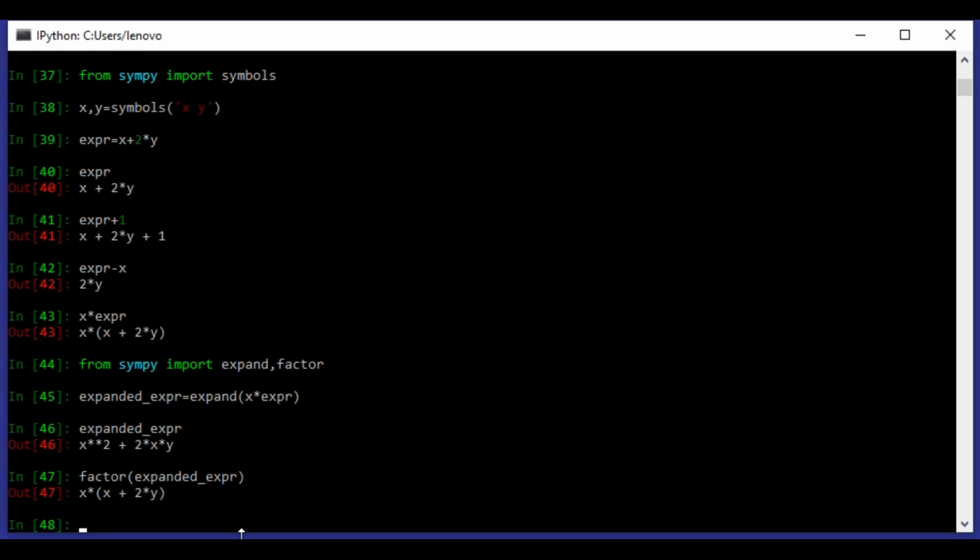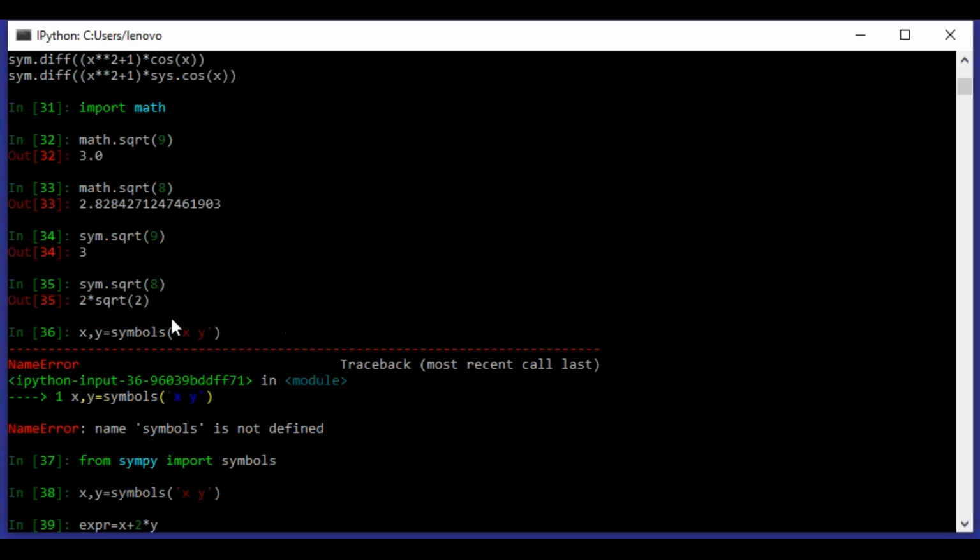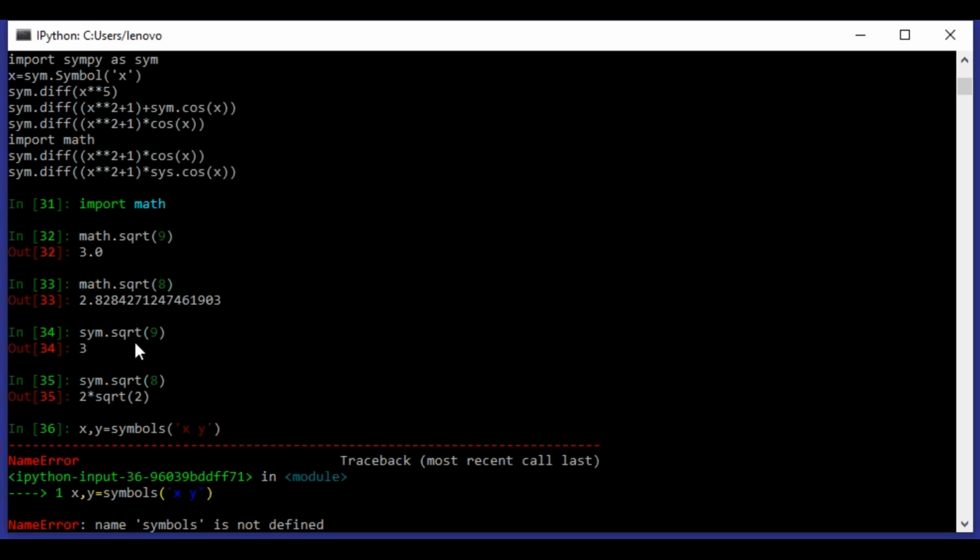Then we can also use some techniques to get the print in a better way, that is, to make pretty print with Unicode characters. Here it is seen that sqrt of 2 we get as 2 into root 2.